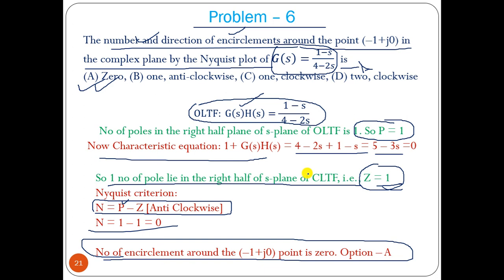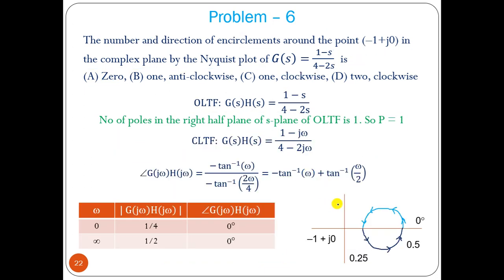Simple problem. The same problem we can solve by drawing the Nyquist plot. So this is the OLTF. We know P equal to 1 from that. We can find out the angle. This is your minus j, so it is in the fourth quadrant. So minus tan inverse of omega, imaginary part by real part.